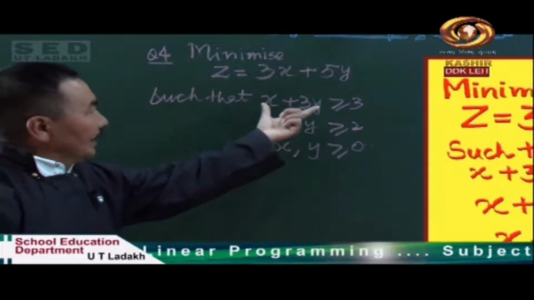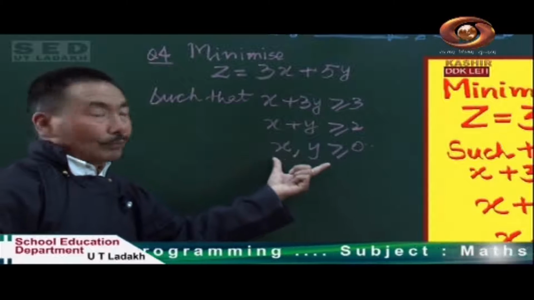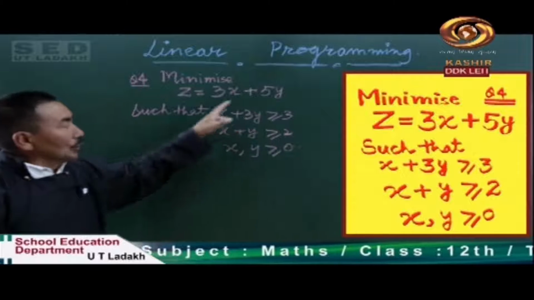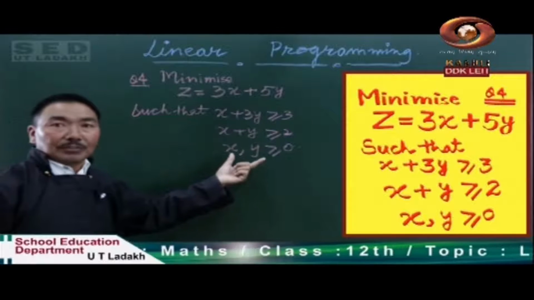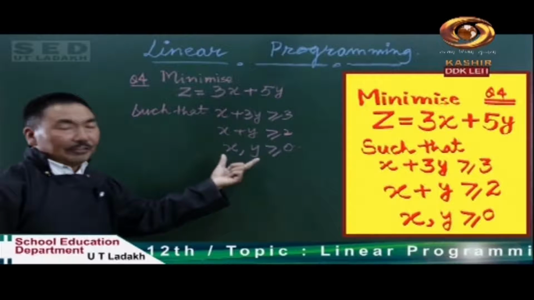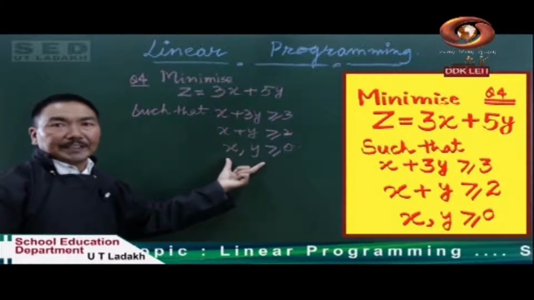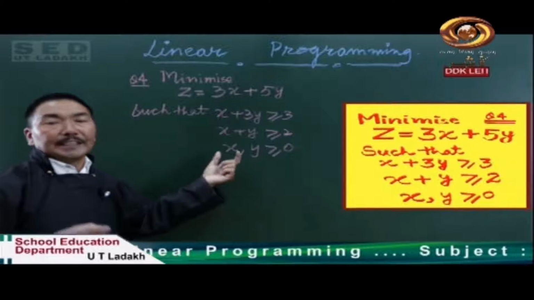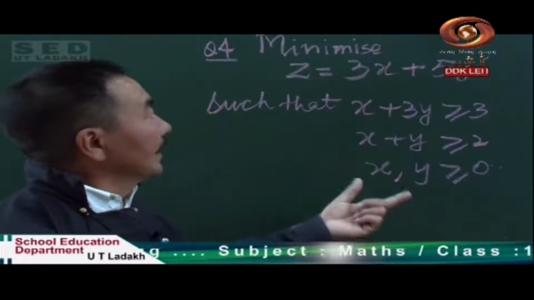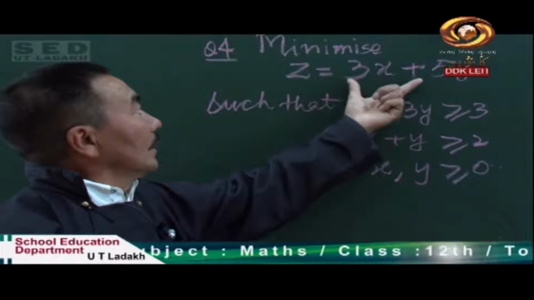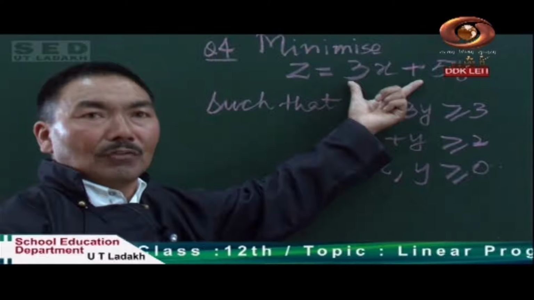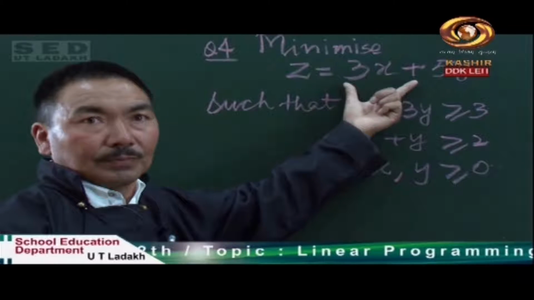So with the help of these constraints, I am going to solve these equations and find out the feasible region. In the feasible region, we will find the corner points, and with the help of those corner points, we can decide whether this objective function has a minimum value or not.